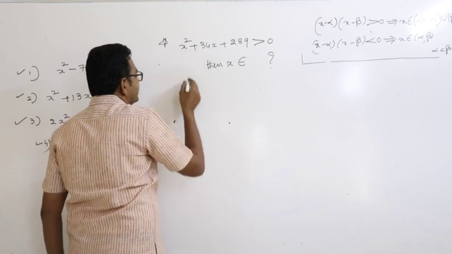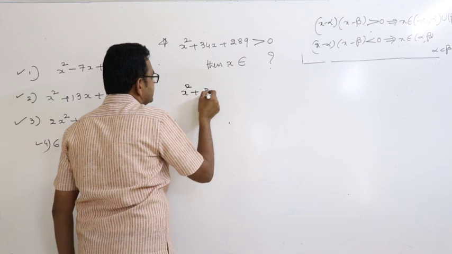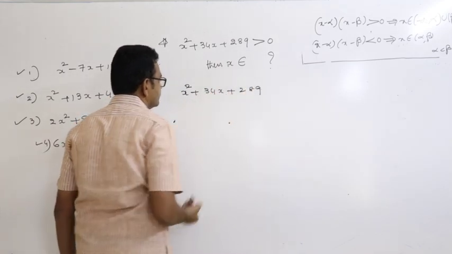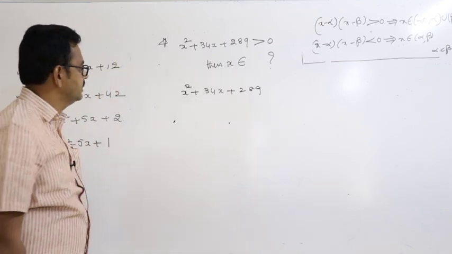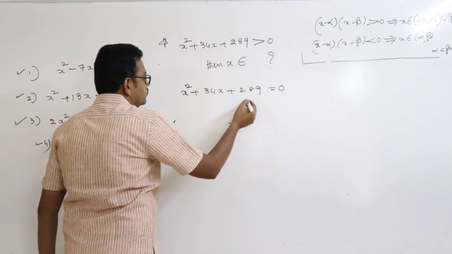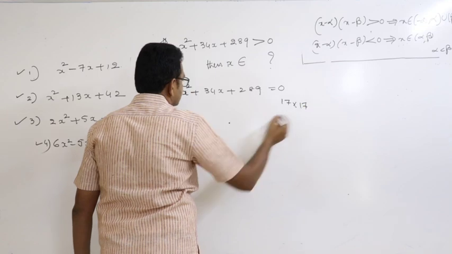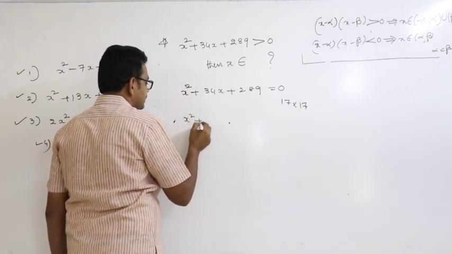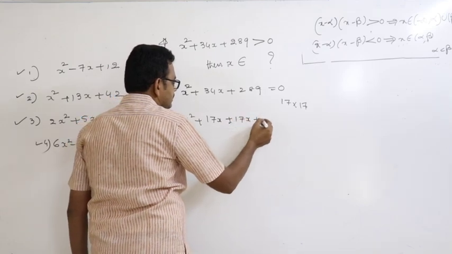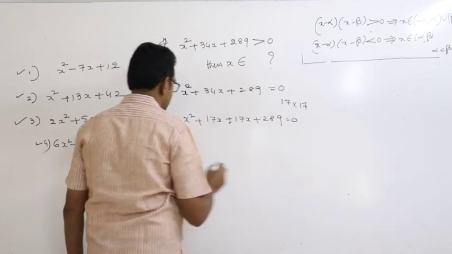First of all, you write the factors. x square plus 34x plus 289, of course you write is equal to 0. 289 factors are 17 into 17. So this is x square plus 17x plus 17x plus 289 is equal to 0.